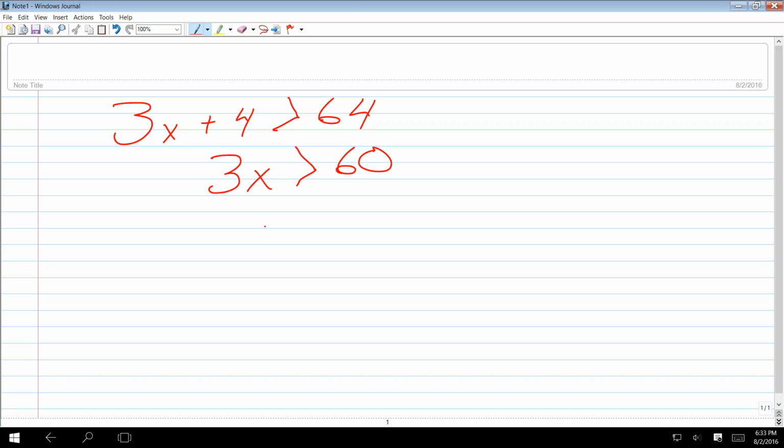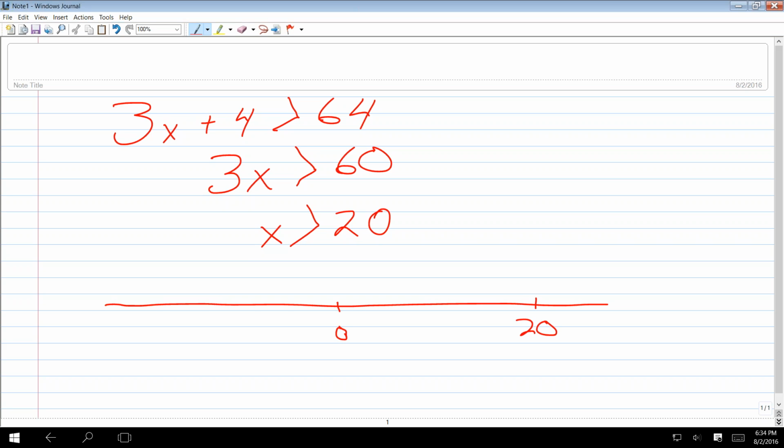Dividing each side by 3, I get x is greater than 20. And that's the answer. If I wanted to graph that on a number line, where that's 0, that's 20, well, this is saying that x is greater than 20. So that's how I graph that.